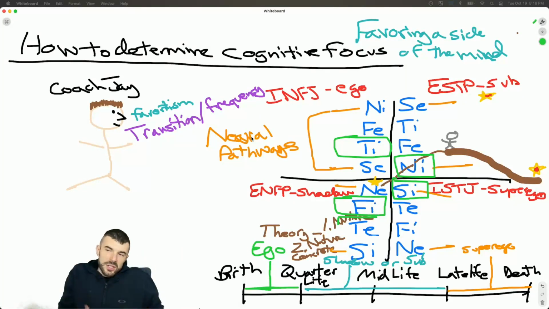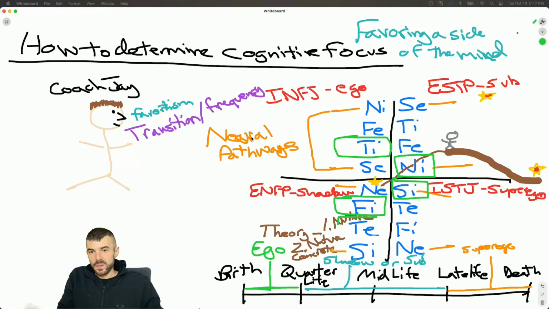But yes, this is in general how cognitive focus really works, and it's all about which function they're leading with the most in these particular slots. So you have to pay attention to these slots specifically, the ones marked in green. And note that the function they're favoring can actually change over time.